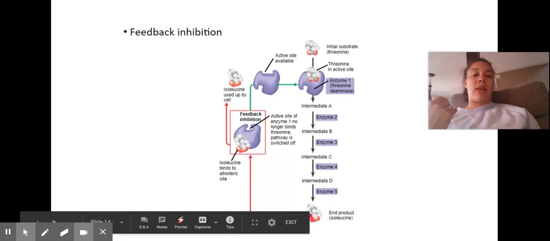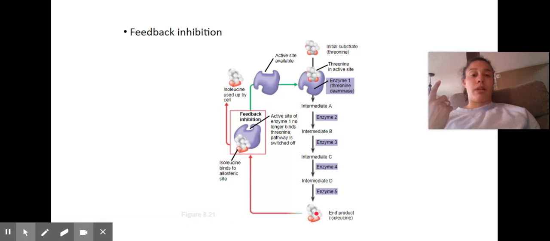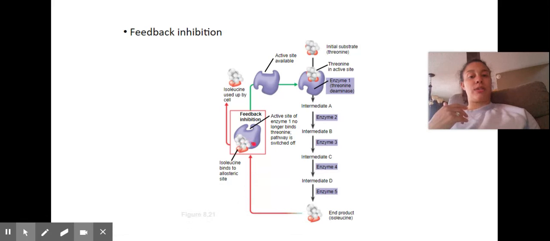Once that end product is released, it could go back through and be a molecule that shuts down our overall feedback loop. So if we have enough of what we need, this end product can come back through and attach at the allosteric site of that original enzyme to shut down the entire feedback loop, right?